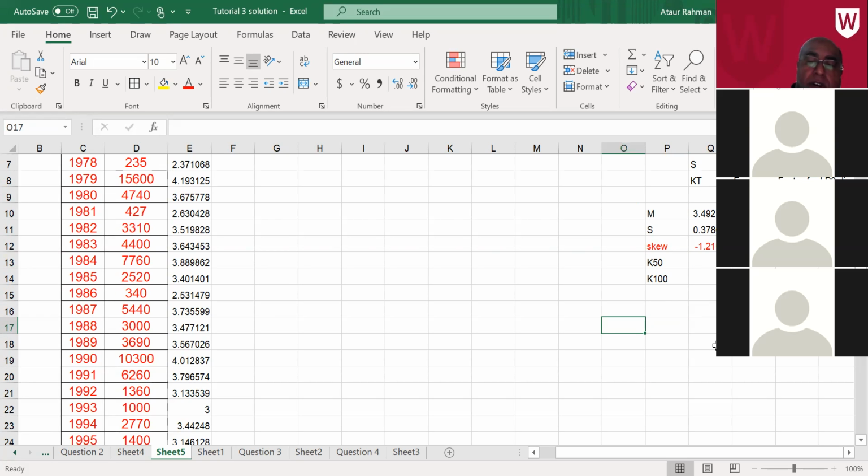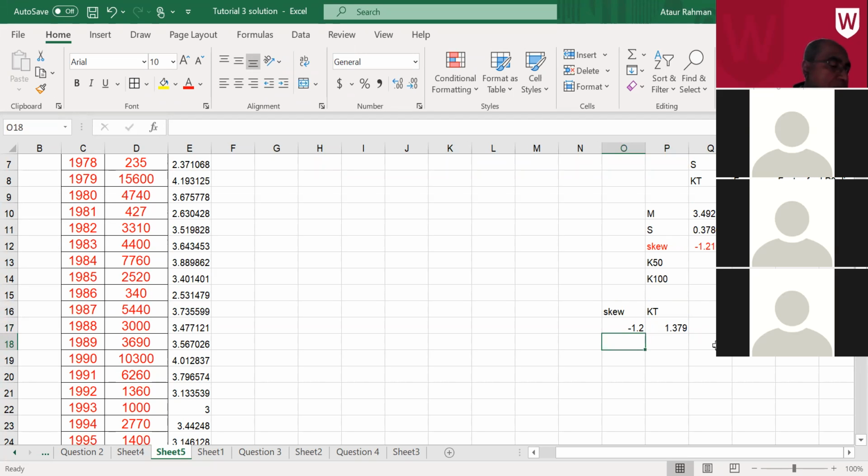So for minus 1.2, your KT is 1.379. That is your skew, and that is your KT.